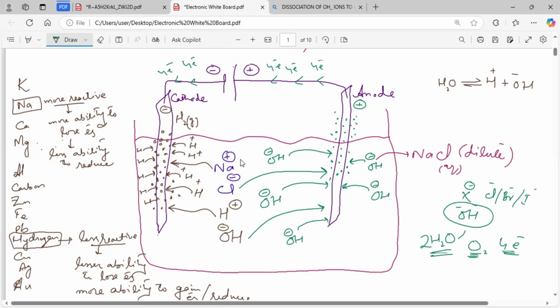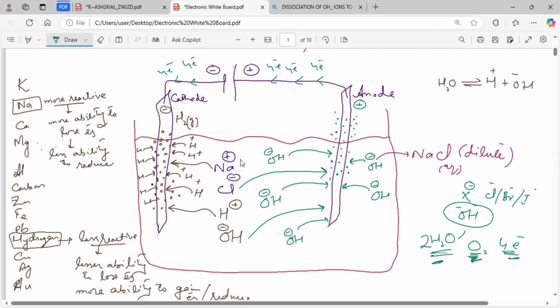So, to summarize, in case of dilute solution, as there are more OH negative ions, OH negative ions will prefer to oxidize, to discharge at the anode to form oxygen gas, 4 electrons and 2 water molecules instead of chloride ion.